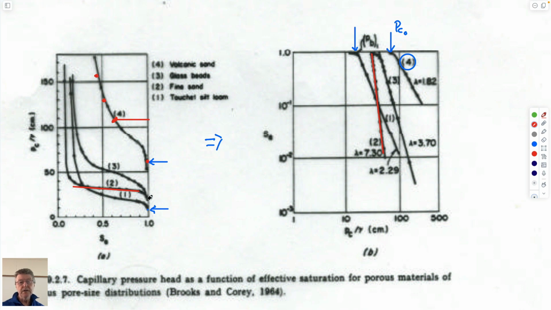But for number 2, as soon as you get entry here, it actually saturates the whole core, which means that all the individual pores are roughly the same size. So the steepness of this refers to the flatness of this, I suppose, in that particular space. But there's a physical meaning to this, and that means that as soon as you invade one pore, it gets into the whole sample. That's it.